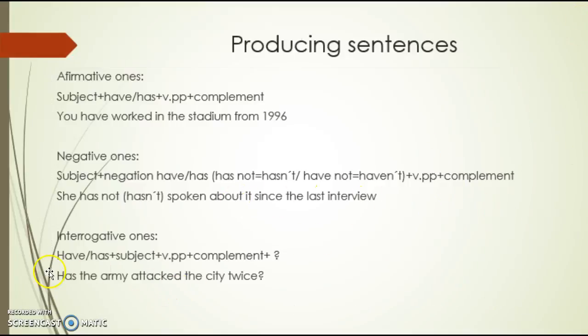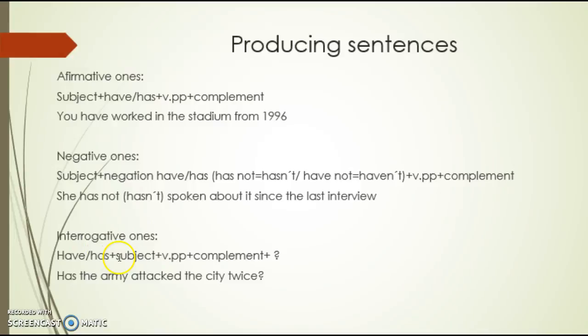Okay. The other one is the interrogative ones. In this case, the structure changes a little bit, because the conjugation of the verb have, has, is before the subject.